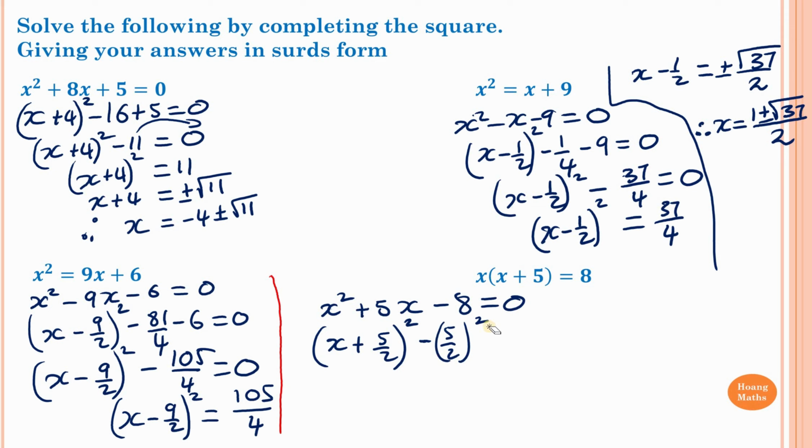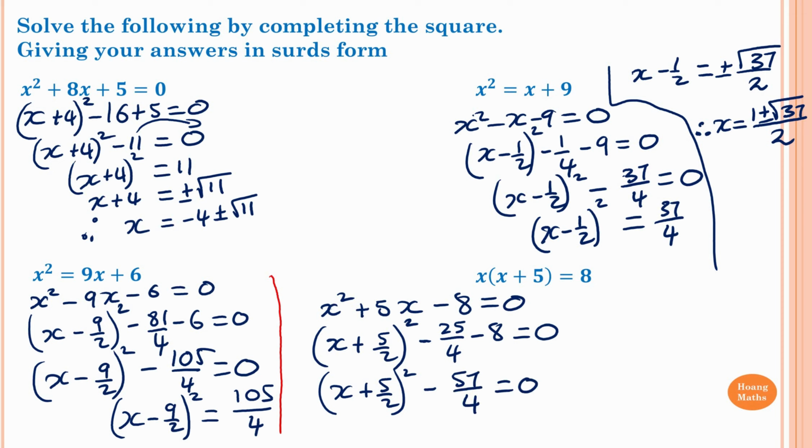So that is 25 over 4. So I just write 25 over 4. And the minus 8, I just write this down. So that becomes 0. So this will give me x plus 5 over 2 all squared minus 57 over 4, which is equal to 0.